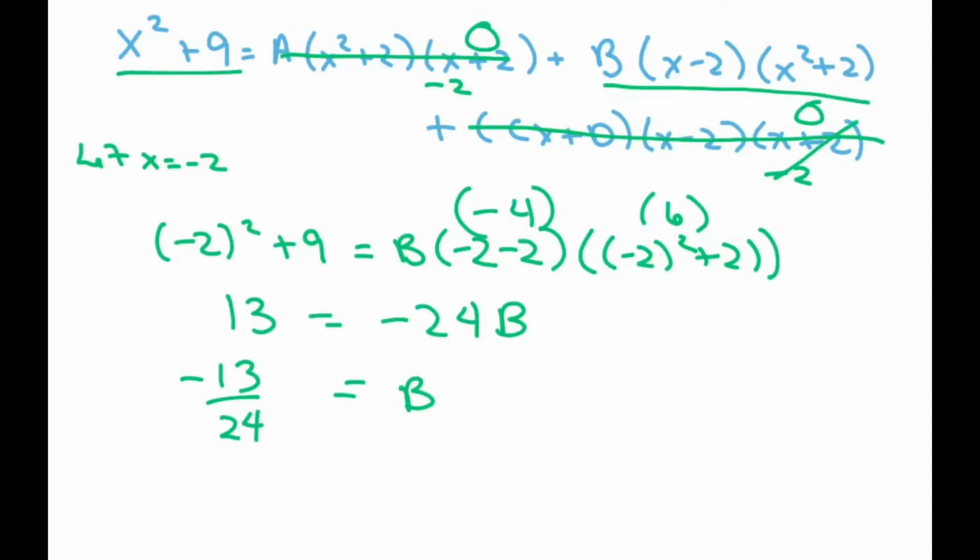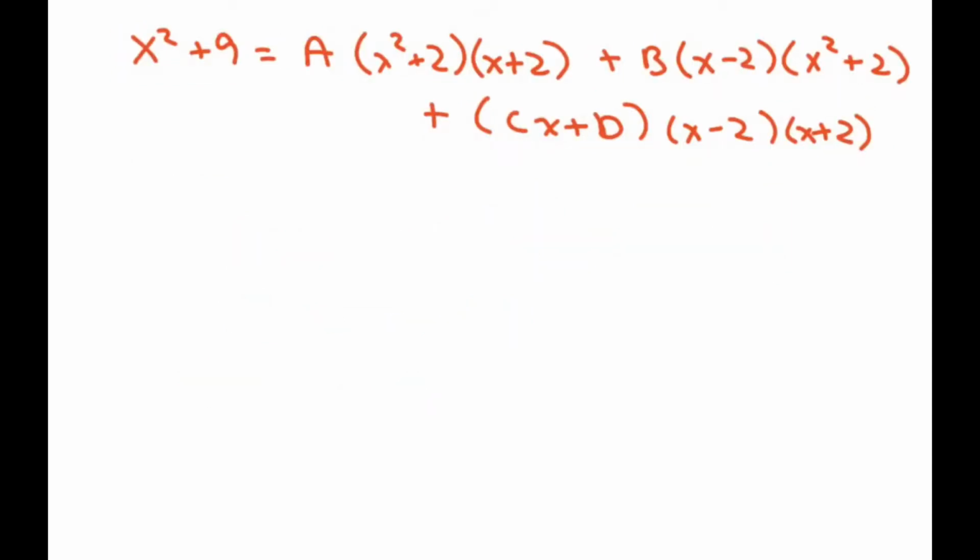Alright, now we're going to let x be 0. When you plug it all in, you're going to get 0 squared plus 9 equals a, and I'm just going to do it mentally. So that's going to be 2 times 2 plus b.